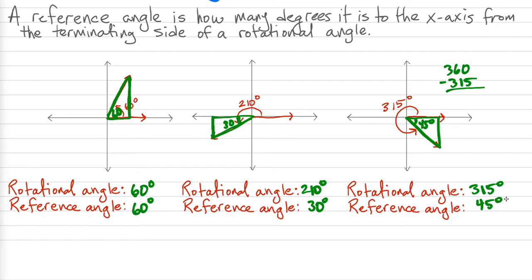You're basically going to have to use logic to figure out the angle each time because it's different for every problem. And I purposely only did positive rotational angles on this one because I didn't really want to throw you off. But when you do negative rotational angles, it's not always going to be the same process. You're not always going to subtract; it's different for each problem.